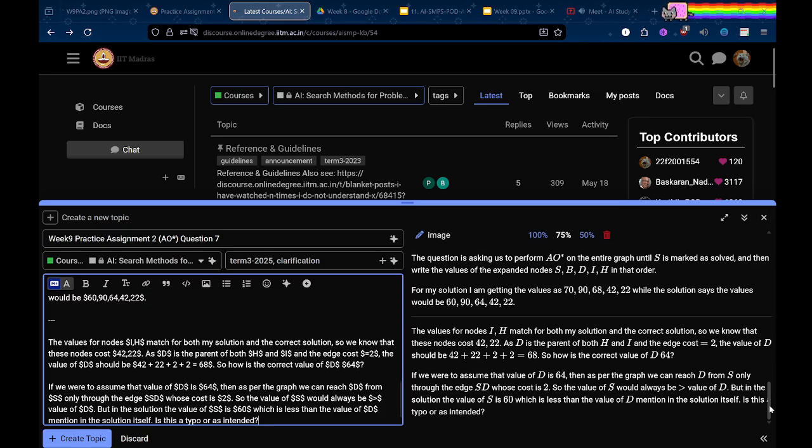If we were to assume the value of D is 64, then as per the graph we can reach D from F only through the edge FT whose cost is 2.